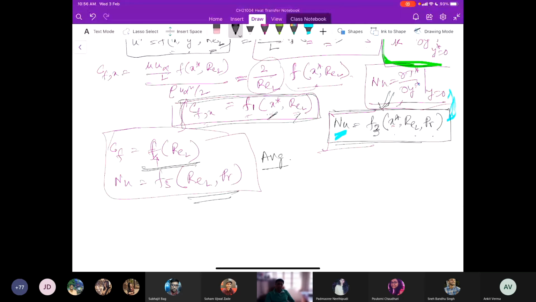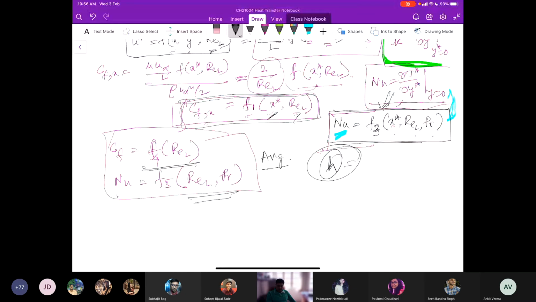Because now, depending on the flow position or flow orientation or flow condition, several experiments are done in order to find out the heat transfer coefficient, because that is what we are doing in convection. We have to find what is H, which means we have to find the Nusselt number.